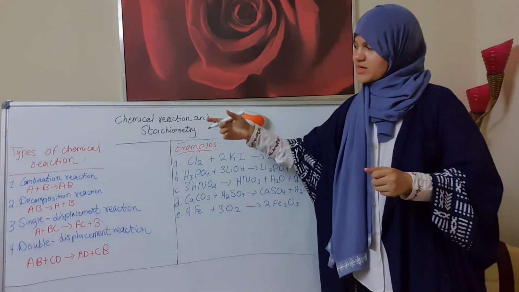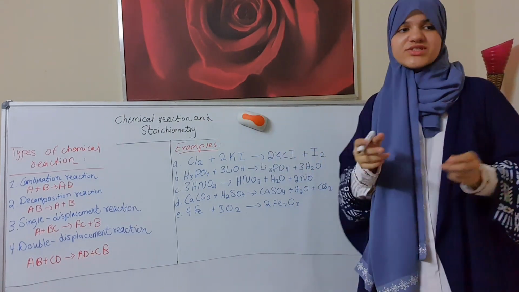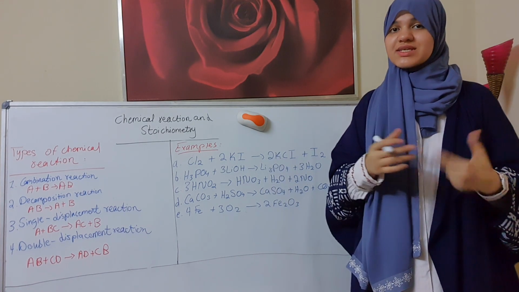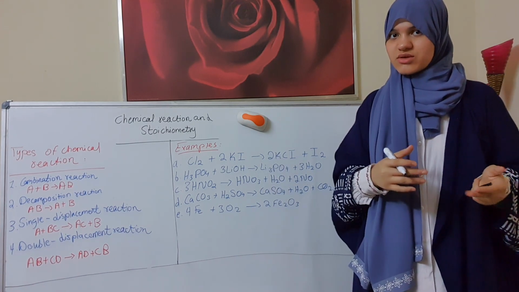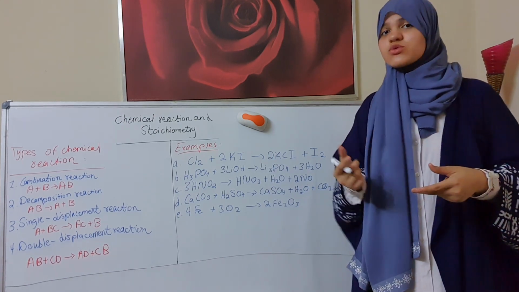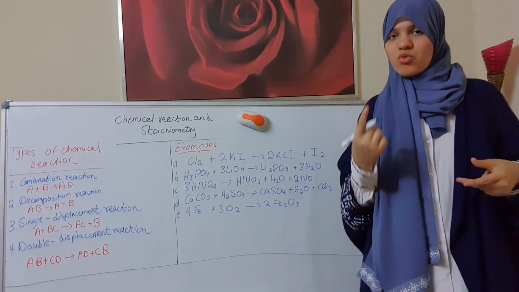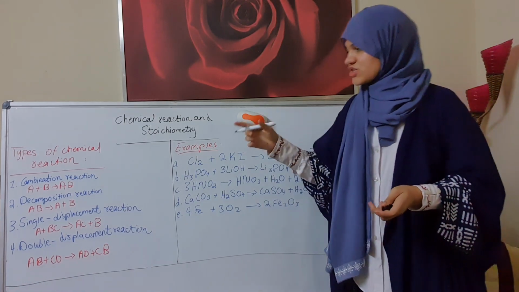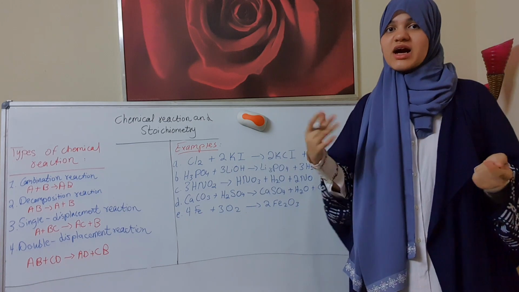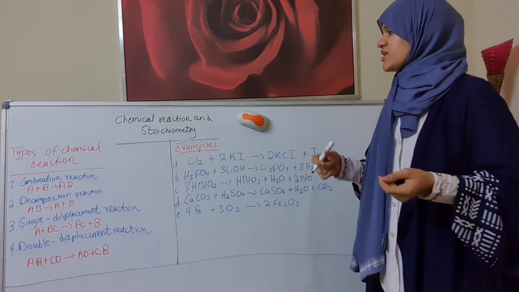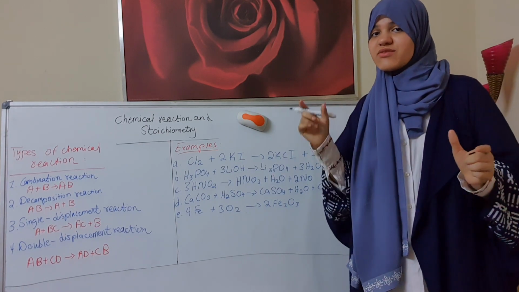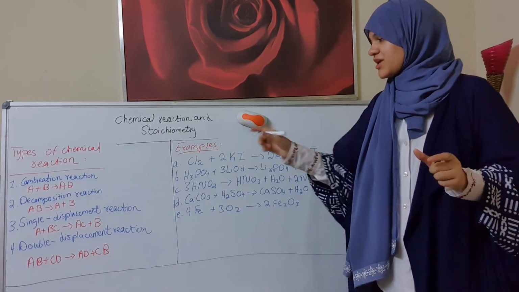The same as combination reactions, where we have in the reactants single elements or more reactants that can give us 1 product. The product will be 1, but in the decomposition reaction, the reactant is 1 and the products are more. Single displacement reaction, which is A plus BC, will give us AC plus B.